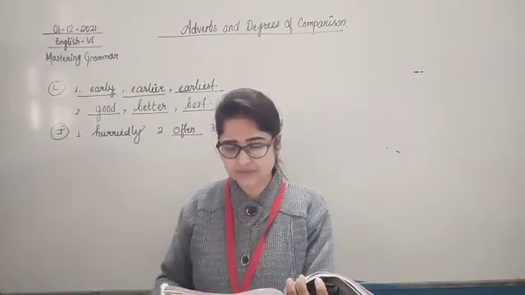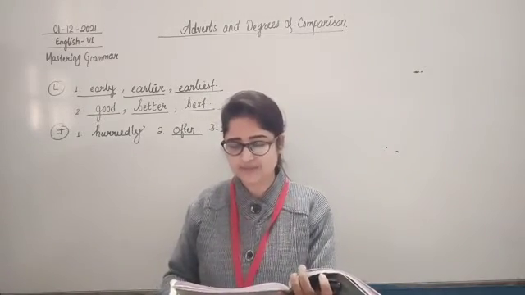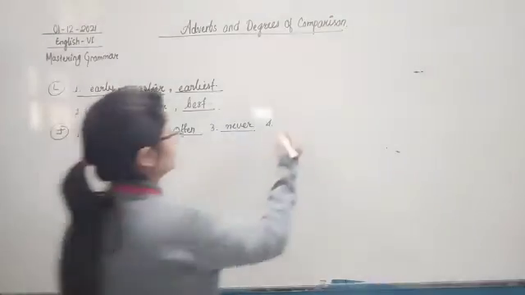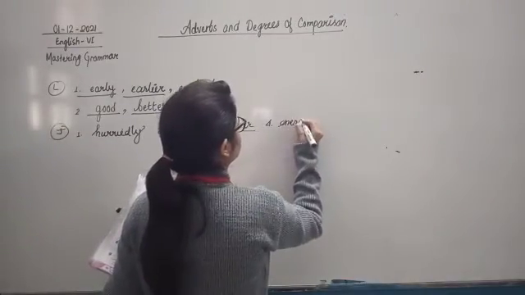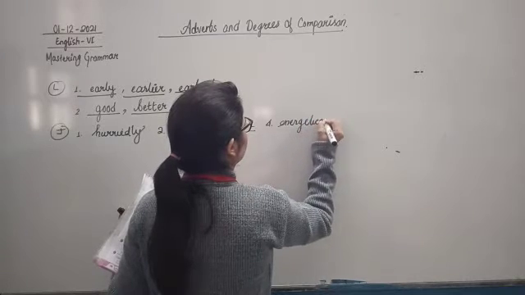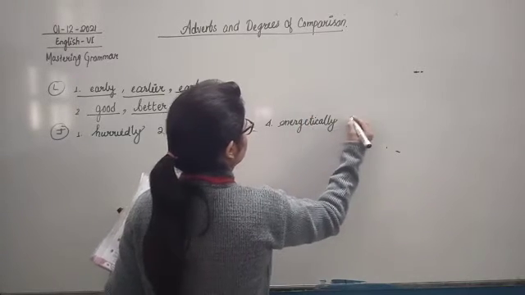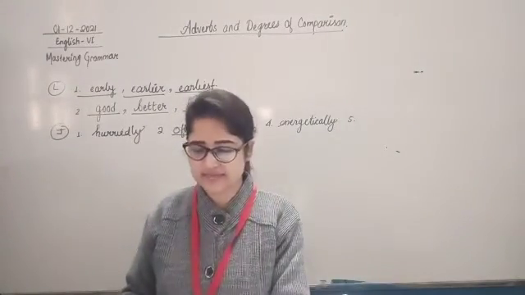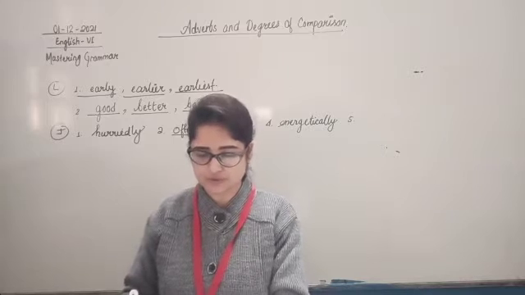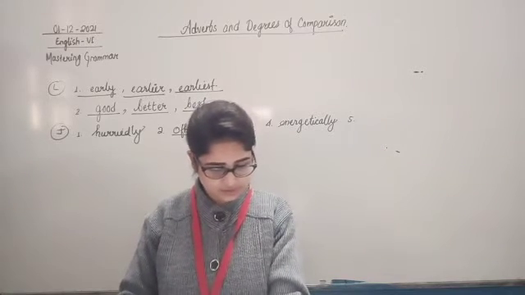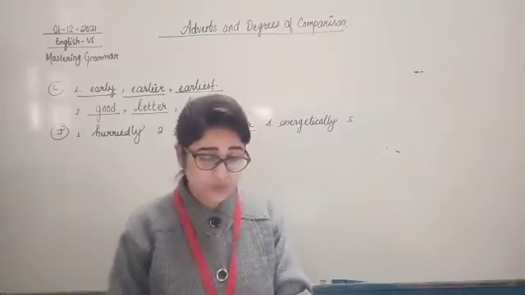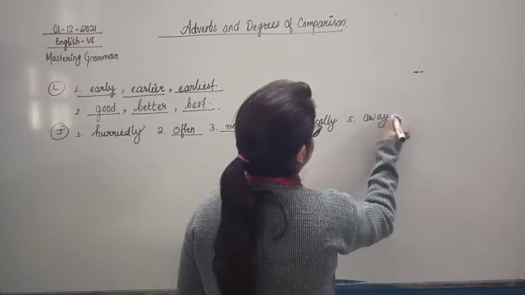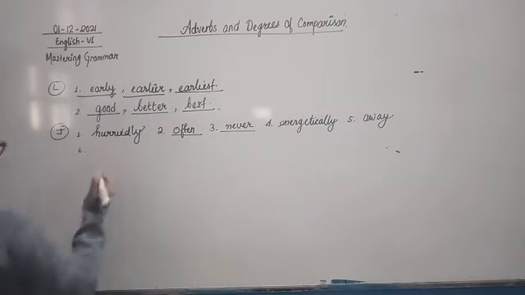Number 4. The gymnast performed dash and was applauded. So the gymnast performed what? Energetically. Number 5. The boy was taken dash by his father as they had to go out of station. Taken what? Taken away. Now number 6.